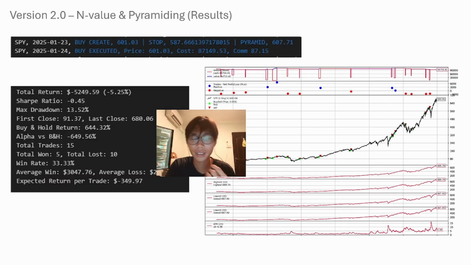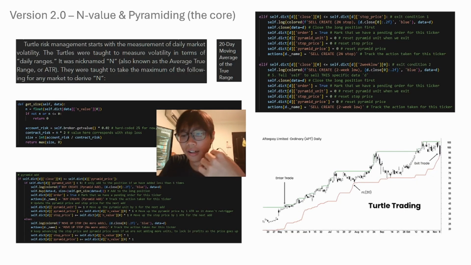So let's see the results. Oh yes, I forgot to mention the get size function here was actually coded really wrong. I can explain this better later on, but here I use 2% of the broker value, and I use the contract risk of N times 2 on the SPY ticker, because that's what they stated in the book.